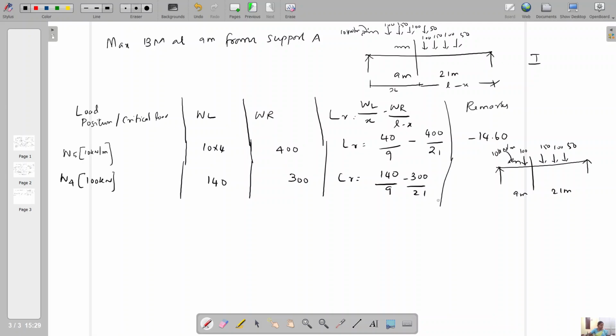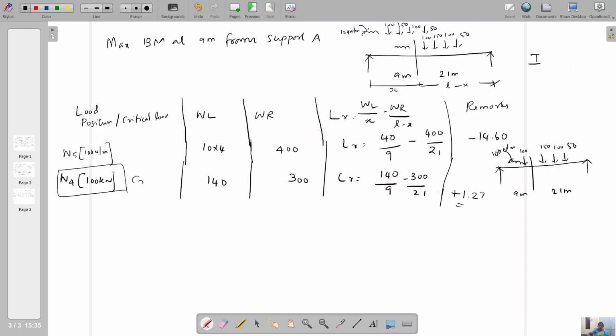Please calculate. I got 1.26 plus, because sign is very important, 1.27 as the answer. So the sign changes from negative to positive. It has changed because of this critical load W4.